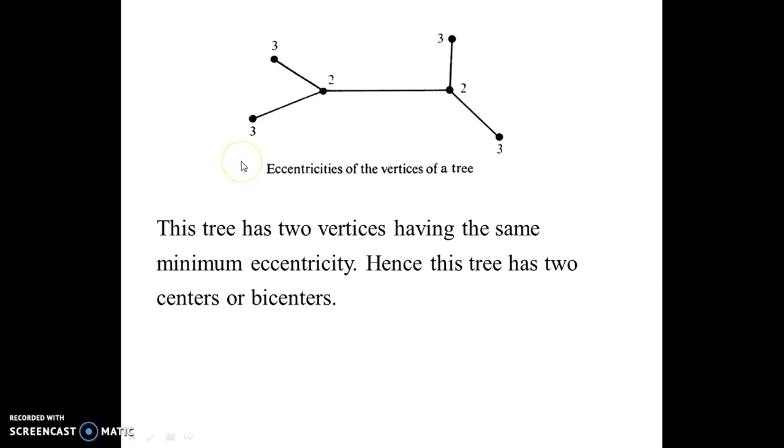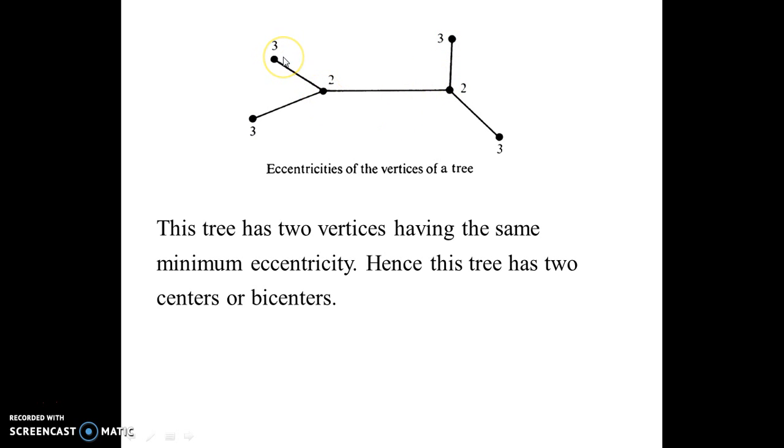Now let us find the eccentricity of this tree. To find the eccentricity of this node, the distance from this node to this node is 2. The distance from this node to this node is 3.